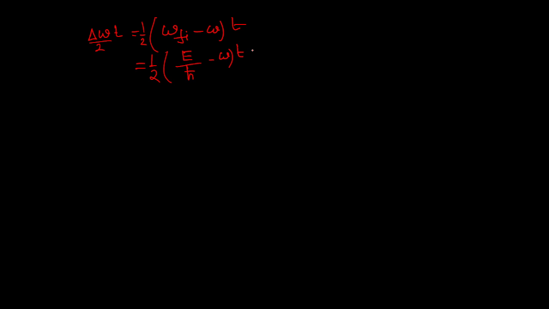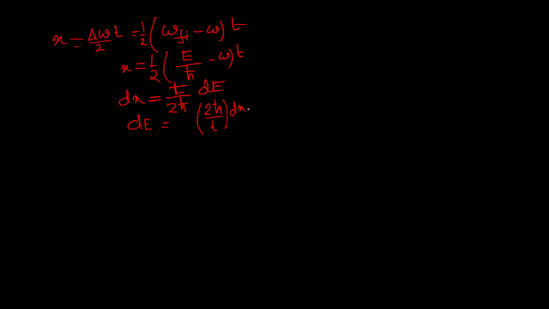Now if we consider this as x, so dx is equal to 1 by 2 h cut t dE, so dE will be 2 h cut by t dx.